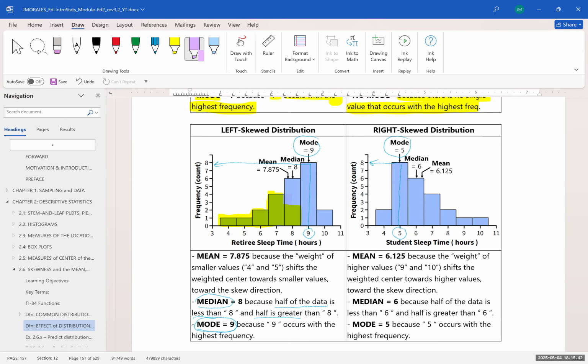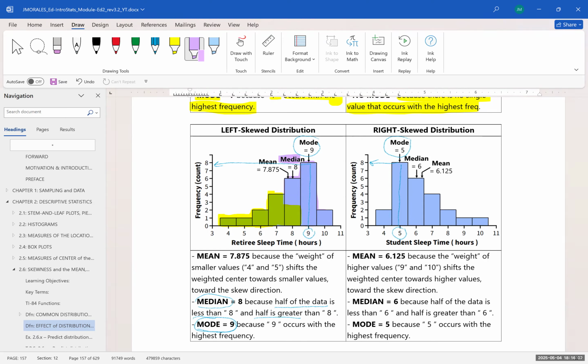And then the other half of the data are these other 8s, all of these 9s, and a few of these 10s. So the median is 8, right? Because it's the value that splits the number of datums in half being below and half being above.